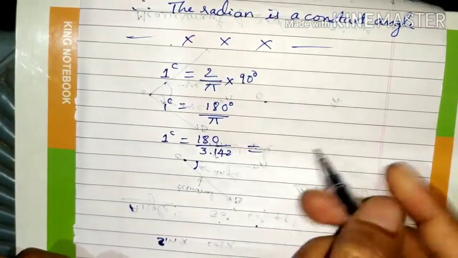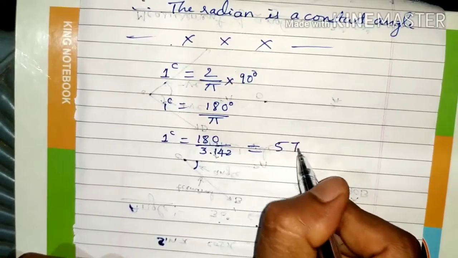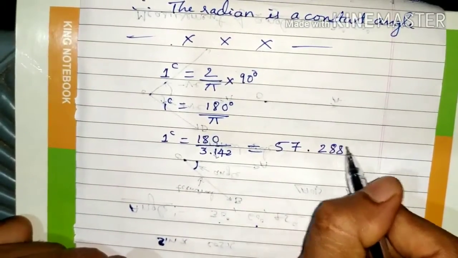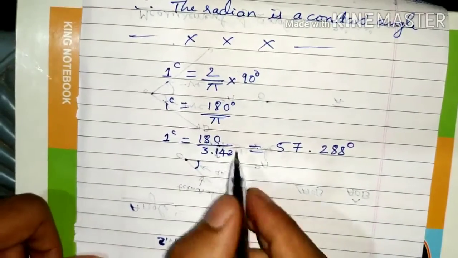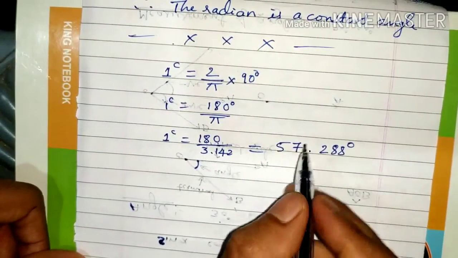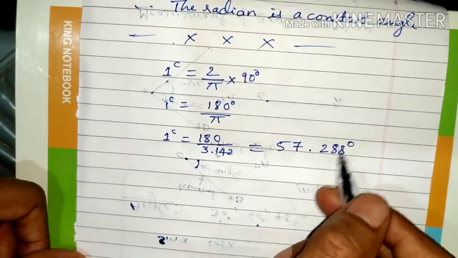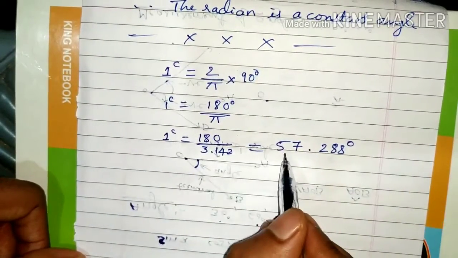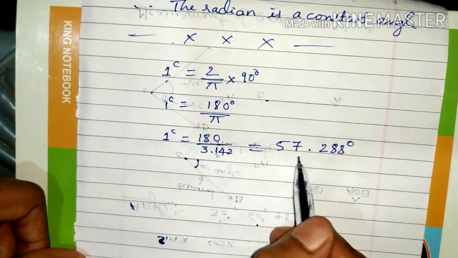If you divide, approximately you are going to get 57.288 degrees. So 1 radian is almost 60 degrees.